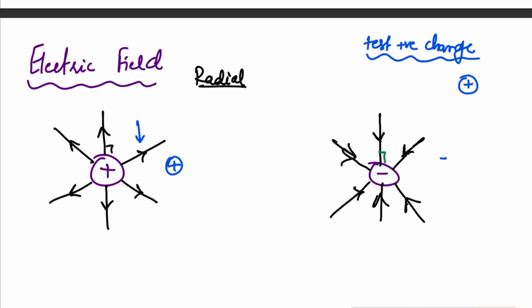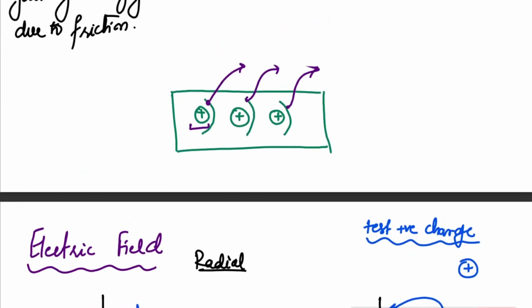Similarly, if we place this test positive charge close to the negative charge, it attracts it, which is why these electric field lines are pointing inwards. Again, this point is going to be carried towards A levels: how did we draw these electric field lines? The same idea is applied for the gravitational field. Why do we draw gravitational field lines always pointing inwards?